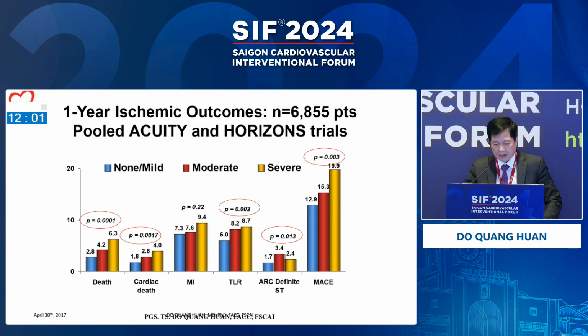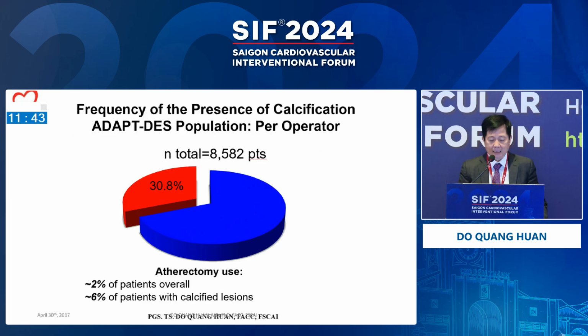And for 1 year ischemic outcomes, MACE, defined as MI, death, and cardiac death, is higher in patients with heavily calcified lesions compared with non or mild calcified lesions.